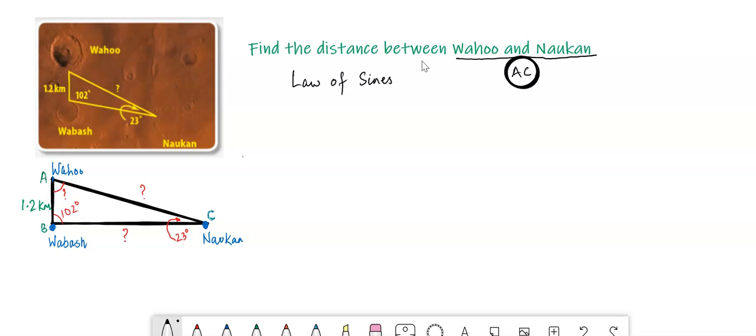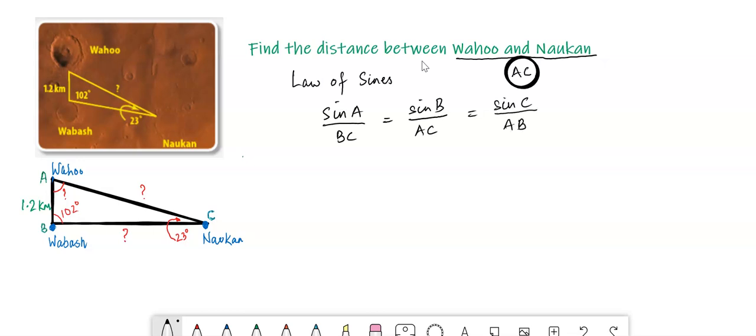Now let's establish the relation between the angles and their opposite sides. Let's start. Sine of angle A over its opposite side, which is BC, is going to be equal to sine of angle B over its opposite side, which is AC. That is going to be equal to sine of angle C and its opposite side, which is AB.